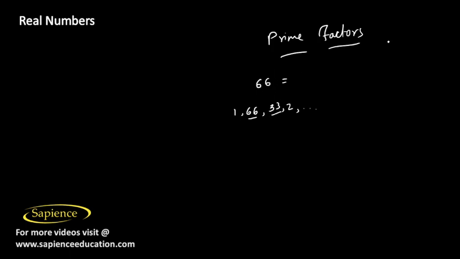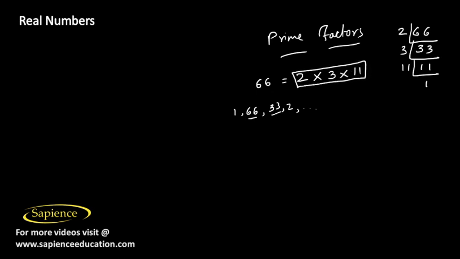Prime factors of 66 we can find by dividing it. First we divide it by 2, we get 33, then by 3 we get 11, then by 11 we get 1. So 66 can be written as 2 into 3 into 11. These numbers are called the prime factors of 66. 66 is also divisible by 33, but since it is not a prime number, it is not a prime factor of 66. It is only a factor of 66. The prime factors of 66 are 2, 3 and 11.